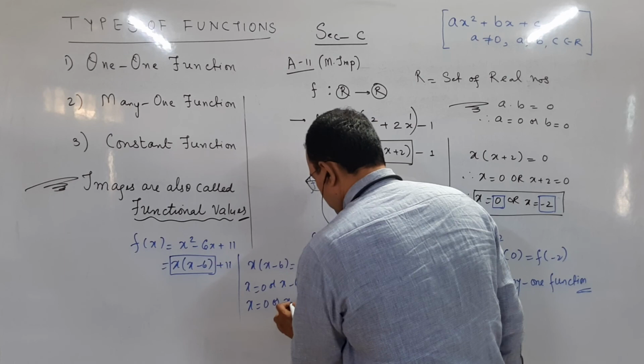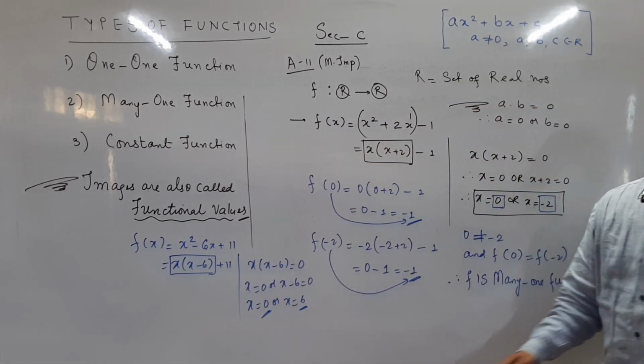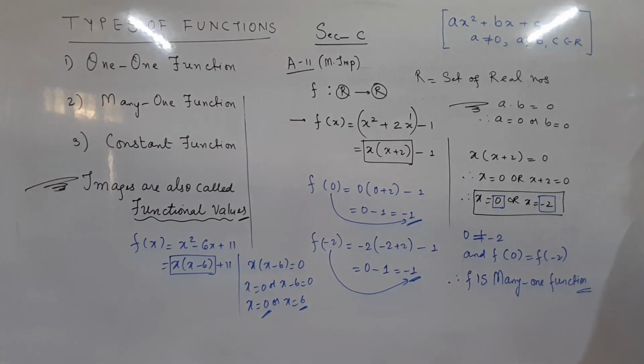So x is 0 or x is 6. We have to find image of 0 and 6. So for which two elements image is to be found out is a very important criterion here. And that depends upon the first two terms of the functional rule.